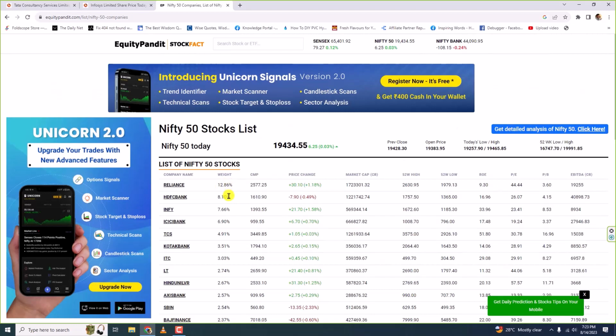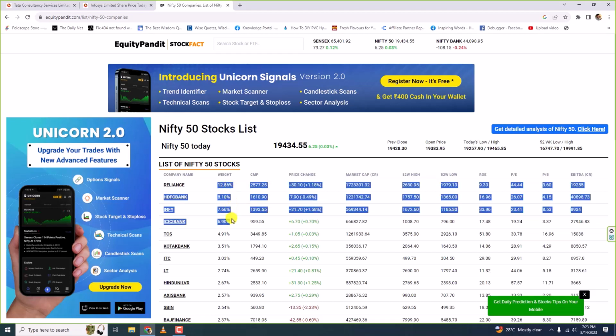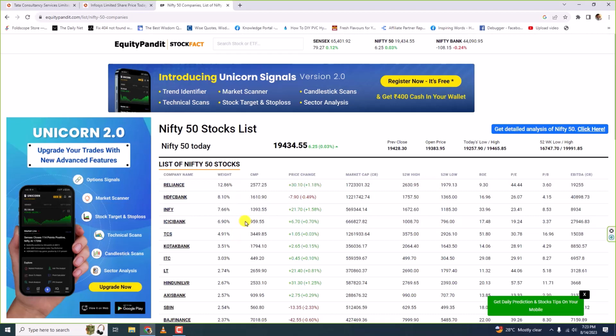See, I am going to keep it simple and tell you in a simple way. If, let us say, 1, 2, 3, 4, 5, these five stocks are falling on any particular day, then you can assume that Nifty is falling.